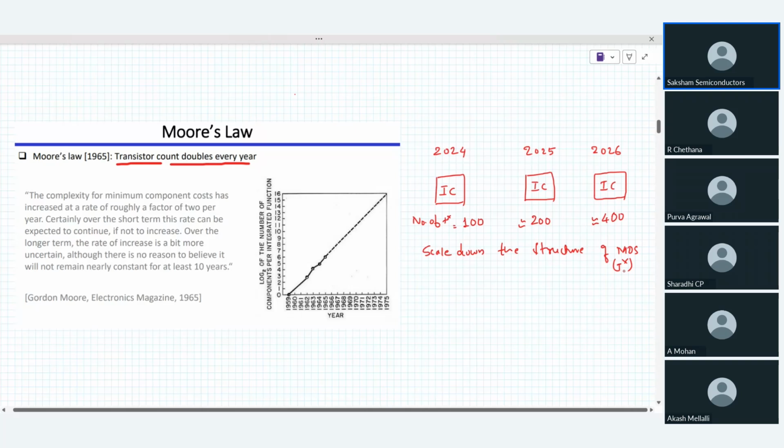Now, what does that mean in turn? Again, let's try to break it down. We'll try to ensure that we understand those things down the line.